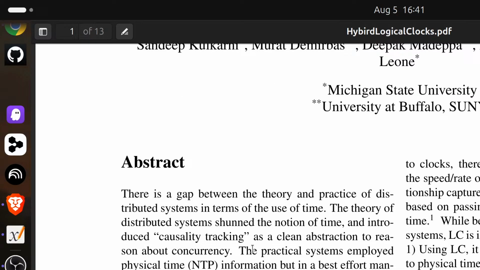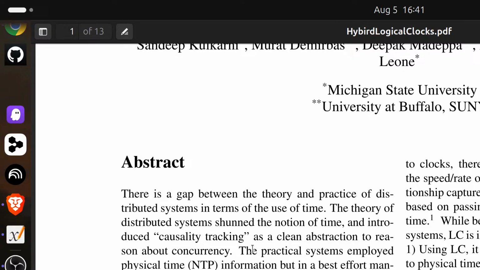There is a gap between the theory and practice of distributed systems in terms of time. The theory of distributed systems shunned the notion of time. What is shunned here? Let me search it. Shun: to avoid somebody or something, to keep away from somebody or something.